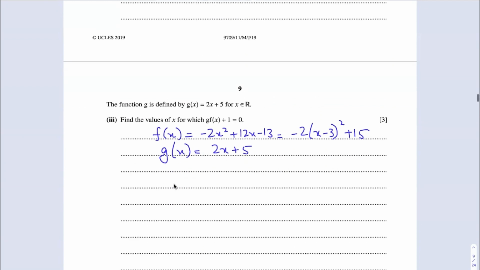So for g f of x, in the function g of x, in place of x, we can write the whole function f of x. So we can write it as 2 into (minus 2x squared plus 12x minus 3) plus 5.